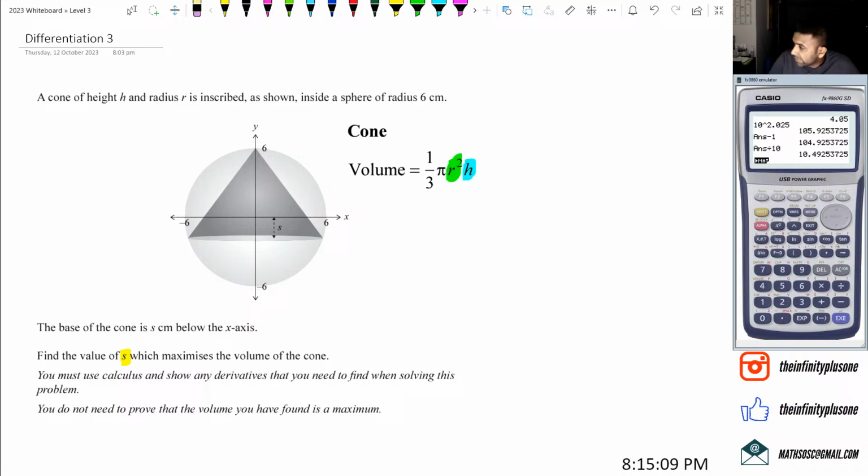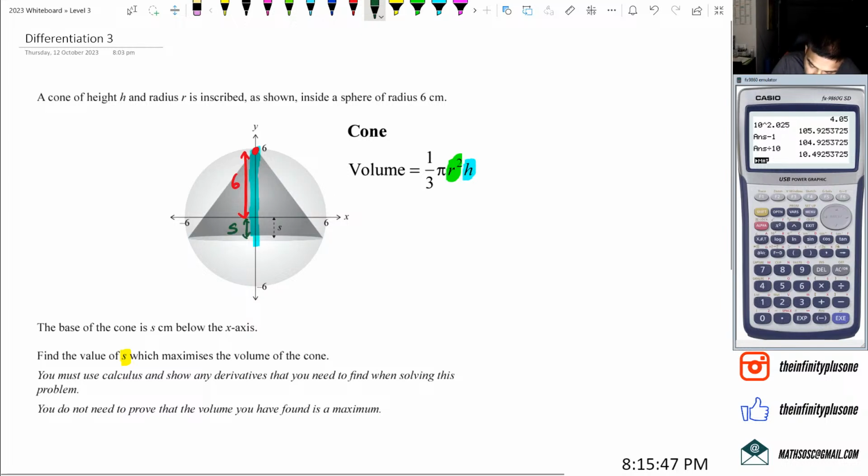So the first thing I'm going to do is, I think I saw someone actually write this. Mahir, you put down h is equal to 6 plus s. You're on the right track, because the height of this cone is from here to here. Now, I know right now it looks three-dimensional, but if the tip is there, from there to here is 6, and then the s, as you can see in the diagram, is from here to here.